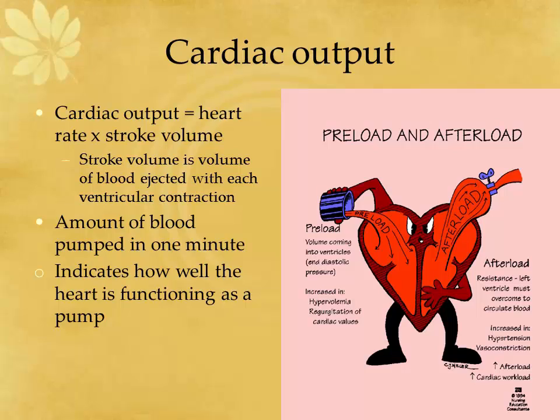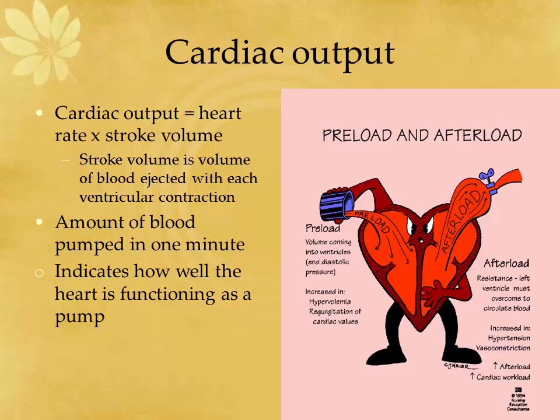Afterload is the resistance that the left ventricle must overcome to circulate blood. Now remember, the left ventricle goes to the body. So whenever we have vasoconstriction, whenever we have significant atherosclerosis, these things are going to increase afterload, or the resistance that the heart has to push the blood against. These things can alter cardiac output.